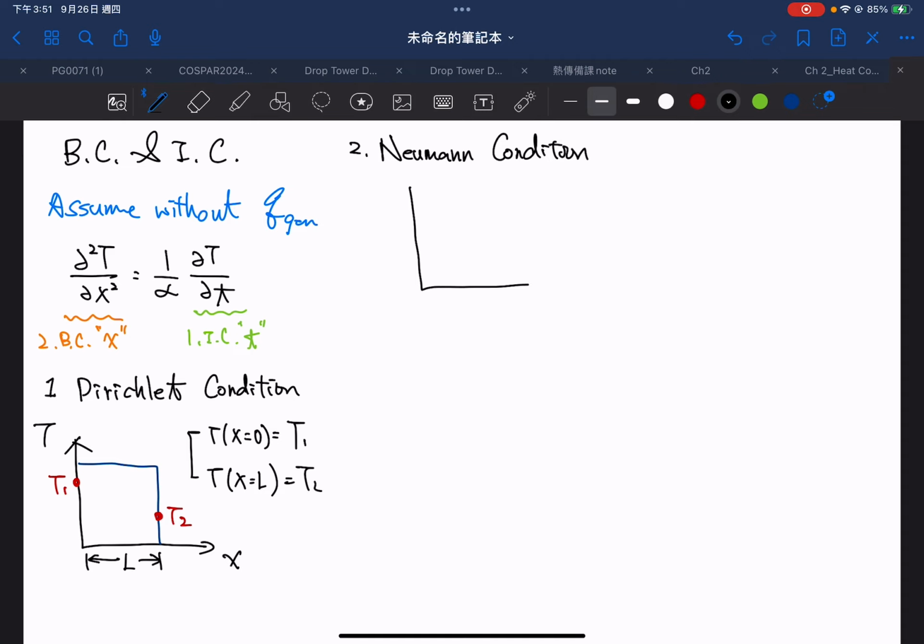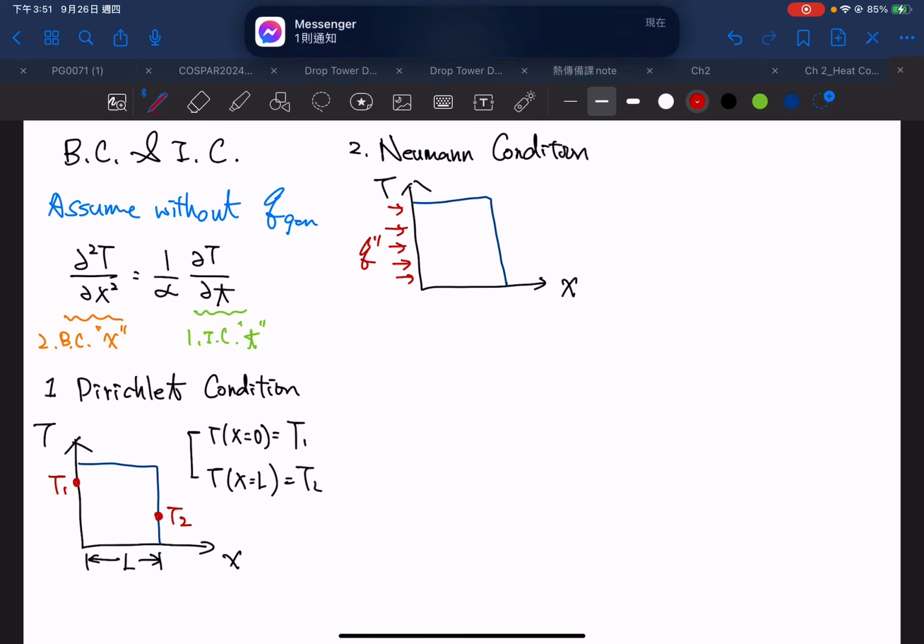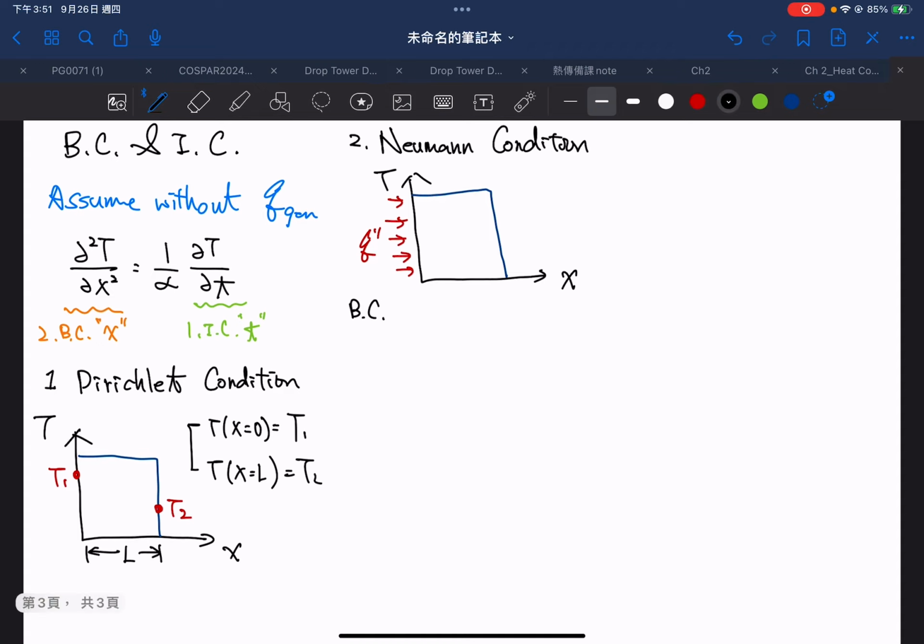Let me draw the figure, which looks quite similar to the Dirichlet system, but here we have a heat flux Q. This is not heat generation on the surface; instead, it's just a heat flux going from the left-hand side to the right-hand side. So the boundary condition will be written using the Fourier law.